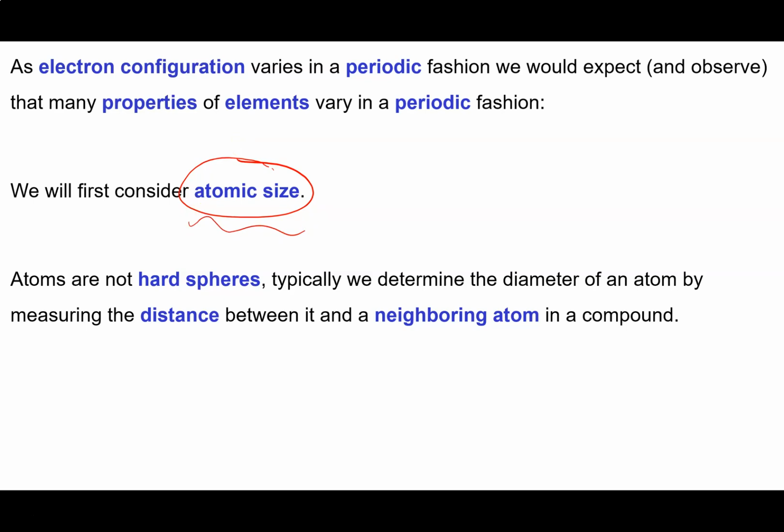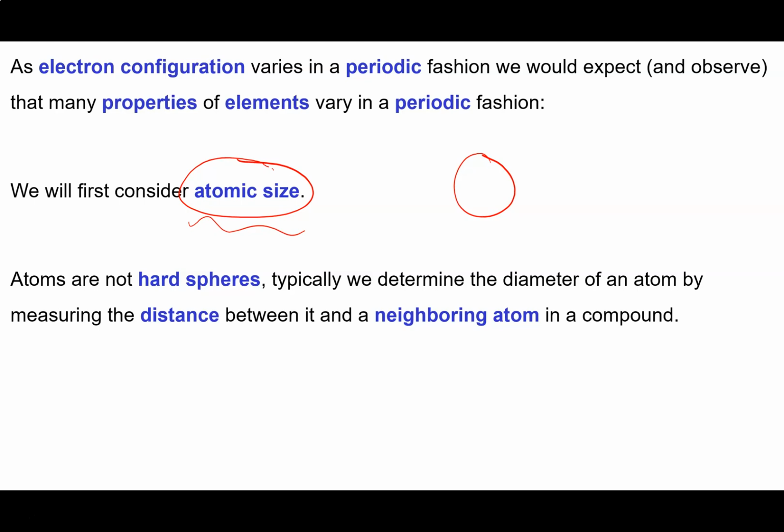Now, it's important to realize that we'll often model atoms as being hard spheres, but that's not really what they are. They're kind of fuzzy little balls with electrons on the outside, and the position of those electrons is a little bit uncertain. So modeling them as hard spheres is not entirely accurate, but that's what we tend to do.